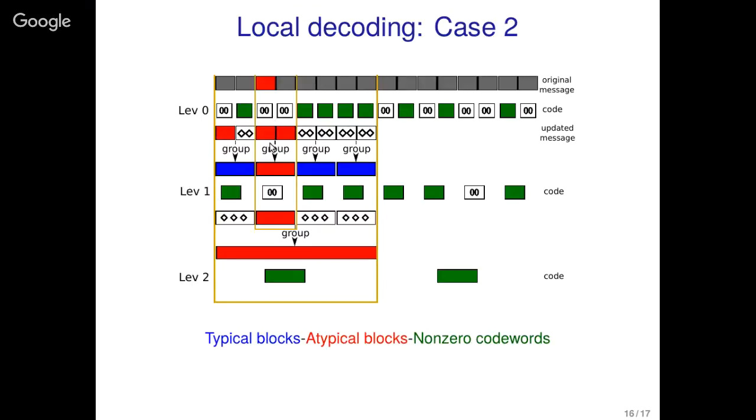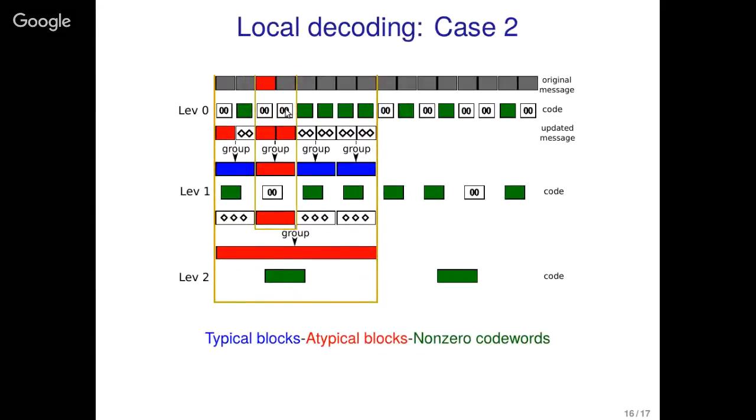So as you look at larger neighborhoods, the probability that this particular neighborhood is atypical is overwhelmingly small. In other words, you don't need to probe very high levels to cover any particular symbol. With significant probability, it is sufficient to look at level 0 onwards. As you go to level 1, the probability that you will not be able to recover this symbol by probing up to level 1 is small. And this goes on.